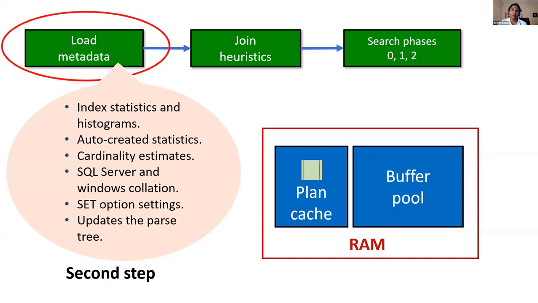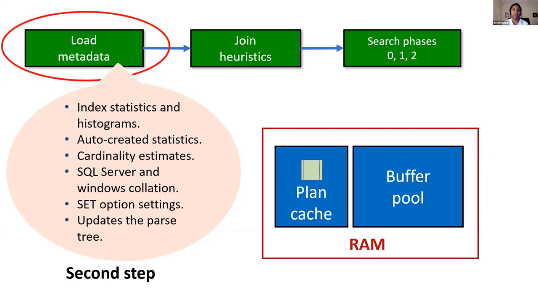And at this phase, the SQL Server will create the auto-create statistics. For example, if you are running a select statement using a where clause very frequently with the same column, then SQL Server will go ahead and create auto statistics on it, even if that column doesn't have any index on it. Also at this phase, the cardinality estimates are gathered.